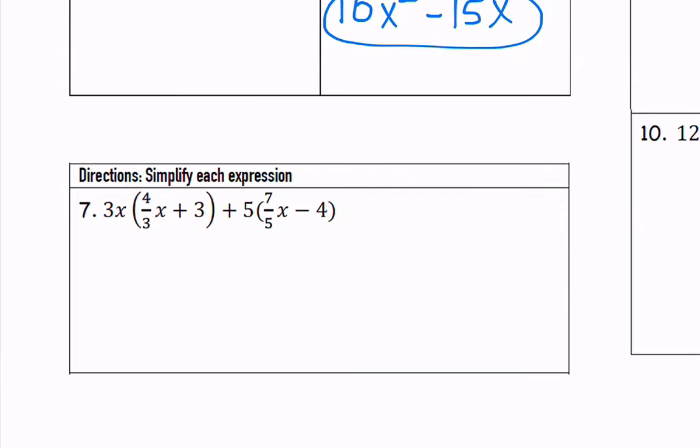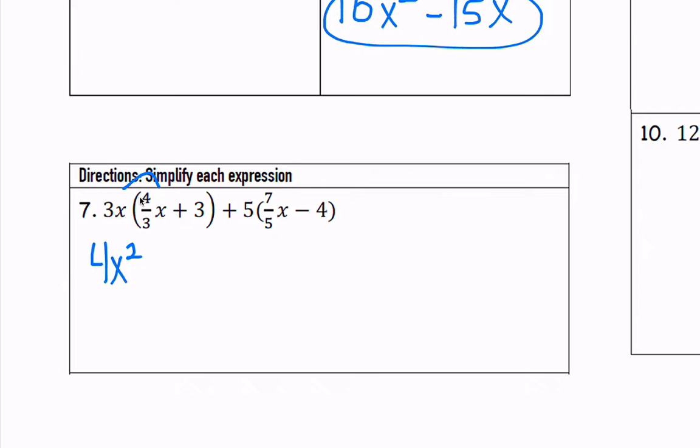All right, let's get a little bigger one. I see two sets of parentheses, which means we're going to distribute twice. Let's distribute this first. There's a lot going on, so let's focus on the numbers and then the variables. 3 times 4/3 is 4. x times x is x squared.